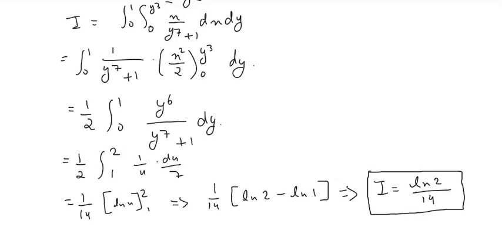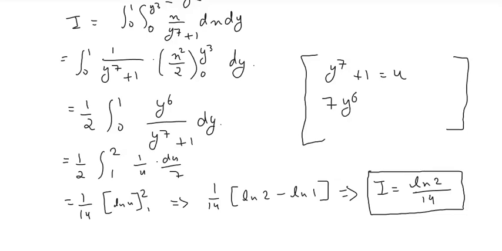The concept we are using here is we are letting y to the power 7 plus 1 is equals to u. Now 7 y to the power 6 dy is equals to du. Simply we are differentiating it both sides.